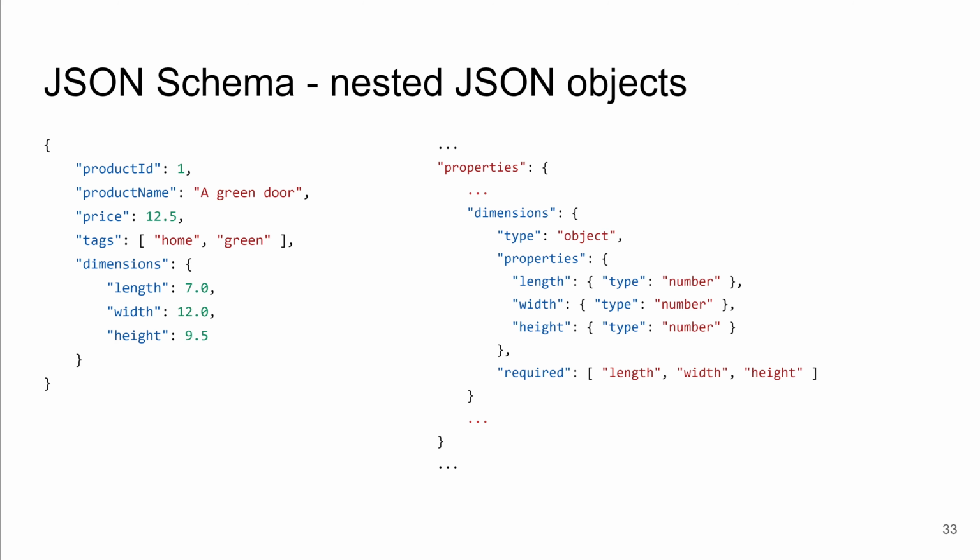So inside the properties key of the root object definition in the schema, we'll just add another key, dimensions, and we'll define it as of a type object. And therefore, we again specify its properties, which are length, width, and height. All of those are numbers, and all of those are required. So the example on the left here is valid against this extended schema.